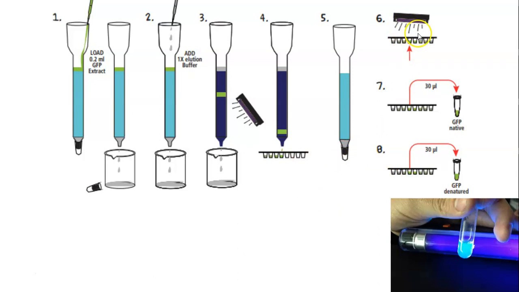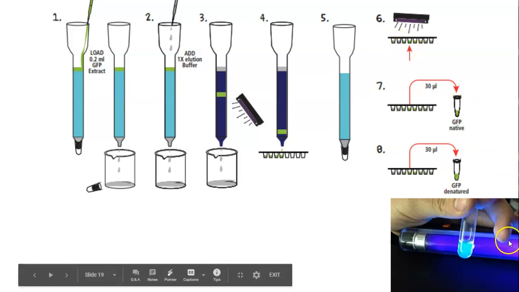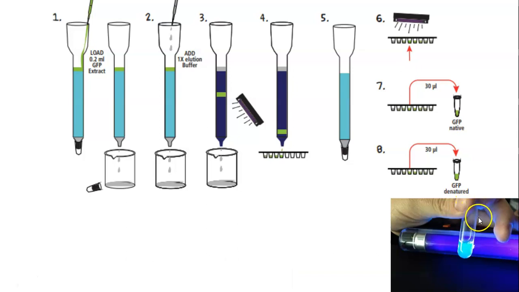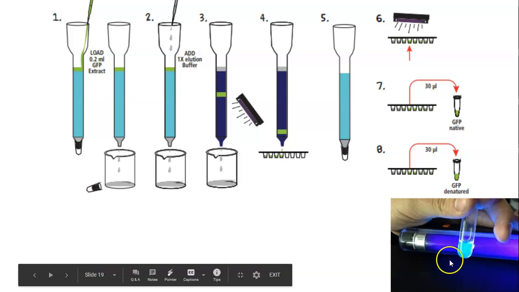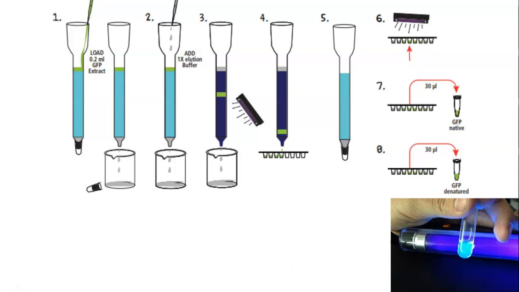When you look at it with a UV light, you can actually see maybe one of the wells is super glowing compared to the others. And that means that maybe then you've actually successfully isolated GFP all by itself. So that tube would, in theory, be the pure harvested protein that maybe then you would give to an individual. So if it had been insulin, maybe that's the tube that contains just insulin and nothing else.